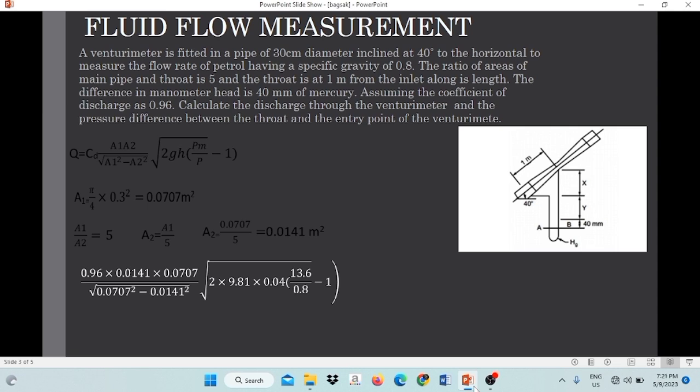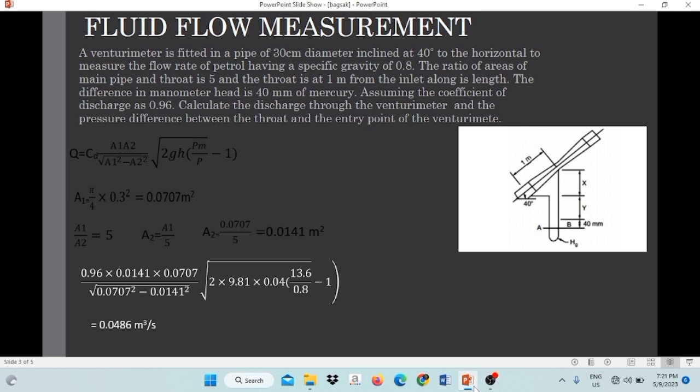The value of the coefficient of discharge is 0.96 times area sub 2, 0.0141, times area sub 1, 0.0707, over square root of 0.0707 squared, the area 1, minus the area 2, 0.0141 squared, times square root of 2 times 9.81 times the height, which is 40 millimeter of mercury converted into meter, which is 0.04, times the density of mercury, which is 13.6, over that of petrol, 0.8, minus 1.